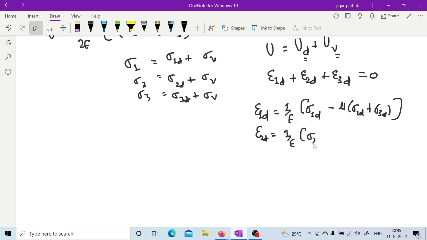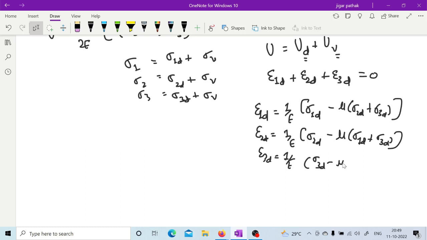How do they exactly differ, distortion and volume change? See, in distortion there is no change in volume, only a change in the shape. Let me draw this, one second.